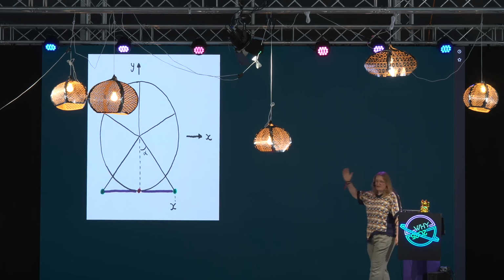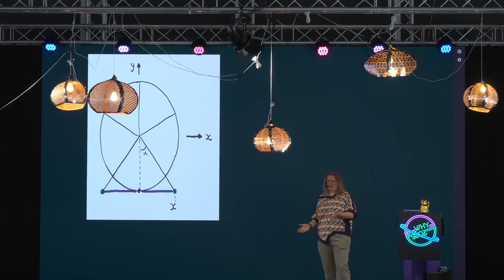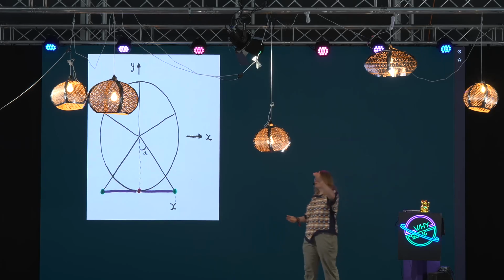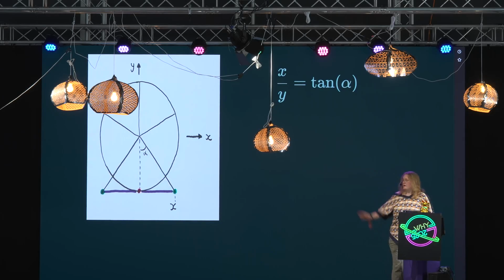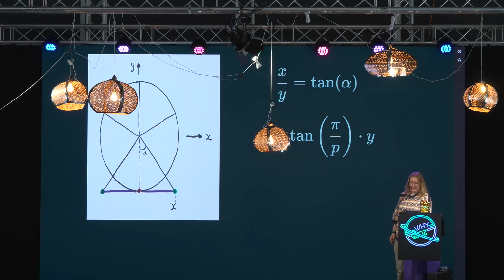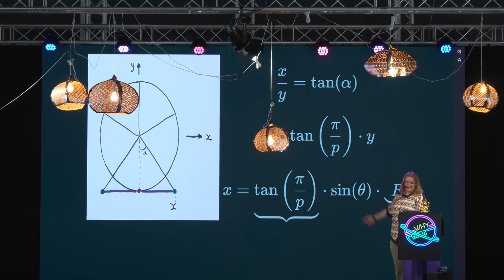If we are again at a constant z-axis, but now in general, not the maximum, it's the same as we did before. So x divided by y is the tangent of alpha. Then we solve for x, so we move that to one side, and then we replace the y with the function we just found.